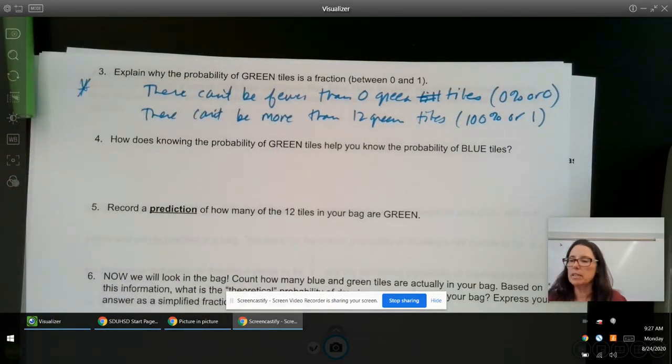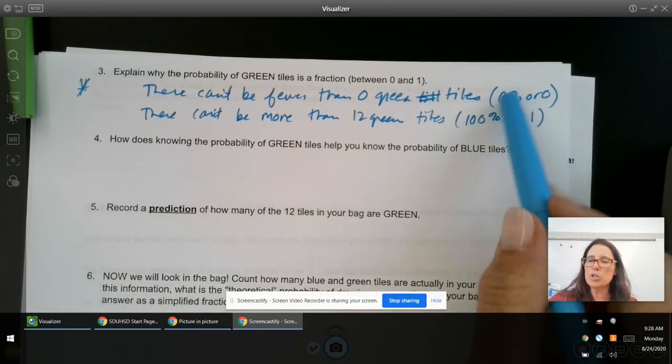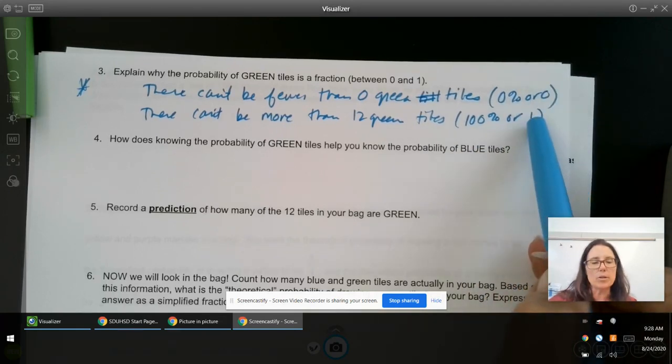That's a very important concept. Explain why the probability of green tiles is a fraction between 0 and 1. So there can't be anything under 0 green tiles. So your chances start at 0, and then you have any number of green tiles between 0 and 12. That means you would have any percentage between 0 and 100%, or any number between 0 and 1. That's a very important concept.